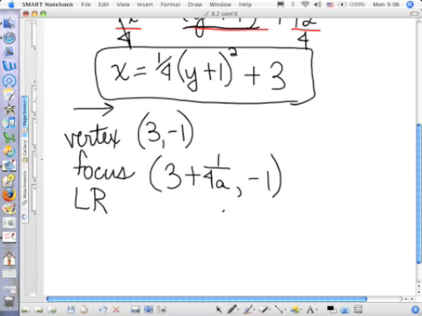So right here I have 3 plus 1 over 4 times 1/4. Well, 4 times 1/4 is 1, and 1 over 1 is 1. So the focus is equal to 4, negative 1.